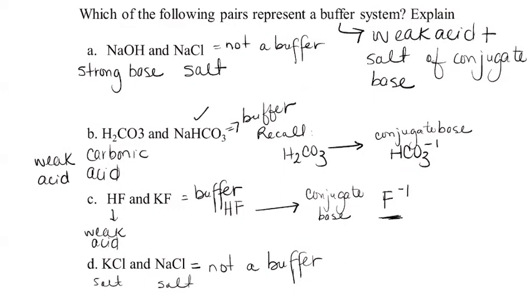And in order to have a buffer, you always need, always, you guys, a weak acid paired with the salt of its conjugate base, not any conjugate base, its conjugate base. Okay? So understand that the definition of a buffer is specifically a weak acid paired with the salt of its conjugate base.